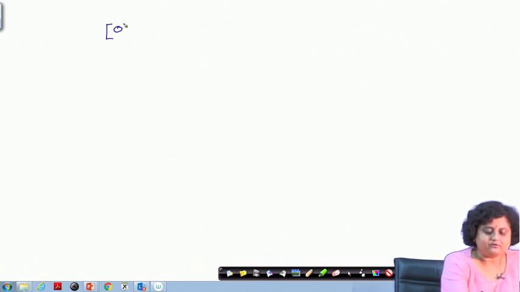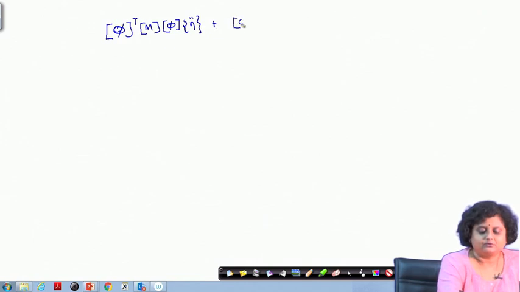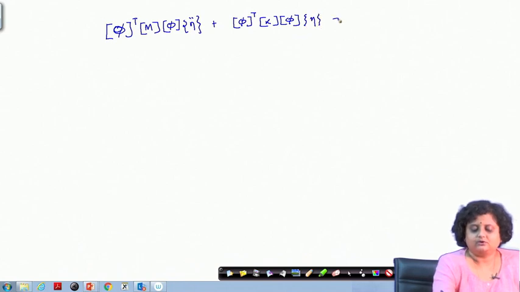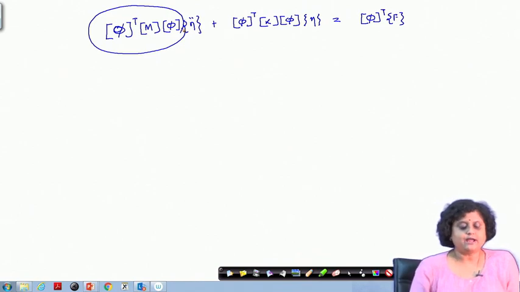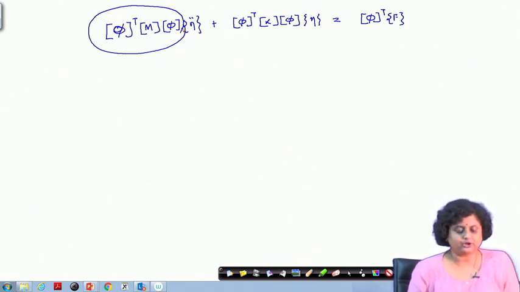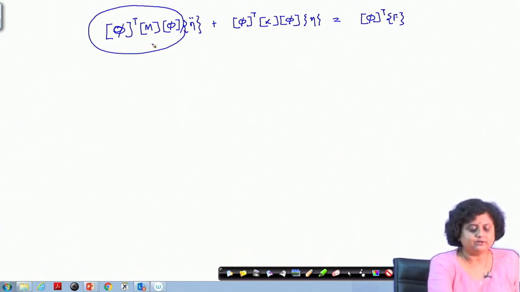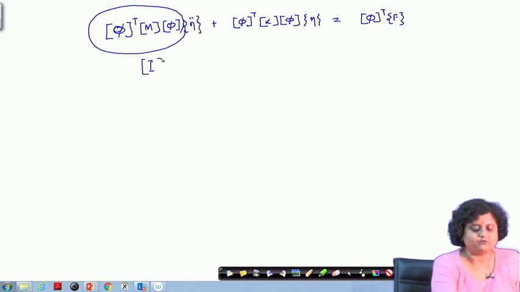So, I have this matrix phi transpose M phi into eta double dot plus phi transpose K into phi into eta is equal to phi transpose F. Now if we remember the orthogonality condition of the mode shapes, we have seen that for mass normalized mode shapes or mass normalized modal matrix, this product is nothing but an identity matrix.